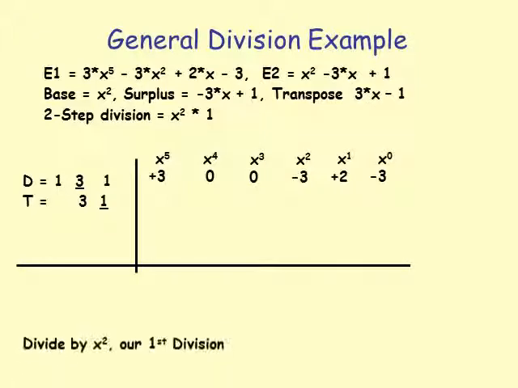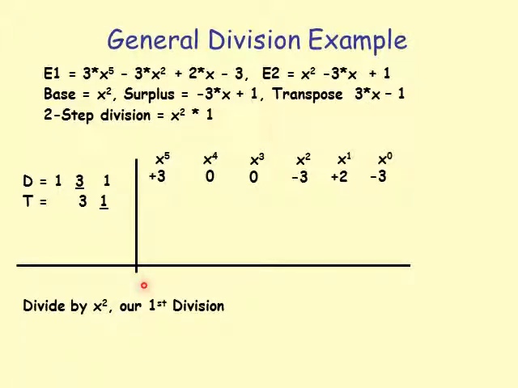We first divide by x squared, our first division right here. Any dividend positions with a flag value of less than 2 are in the remainder column, and the ones greater than or equal to 2 are in the quotient column, and after we divide by x squared the flag value is reduced by 2.